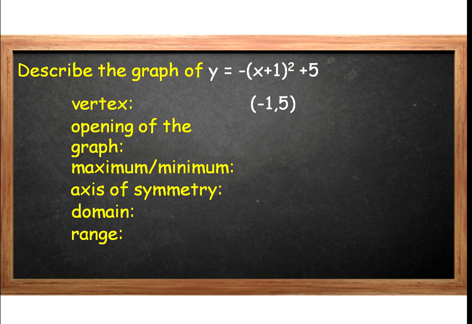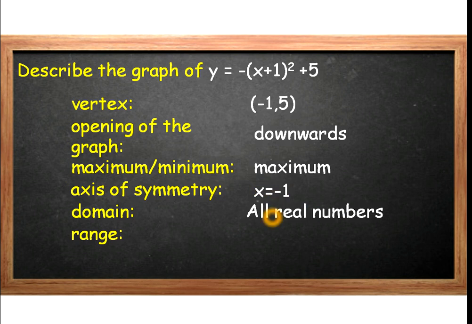Opening of the graph, since the value of a is a negative number, it will be downwards. Since the graph opens downwards, the vertex is now the maximum point. The equation of the axis of symmetry is given by x is equal to h is equal to negative 1.